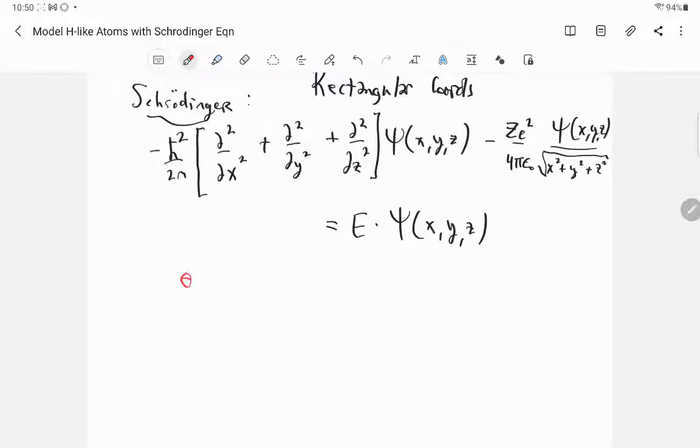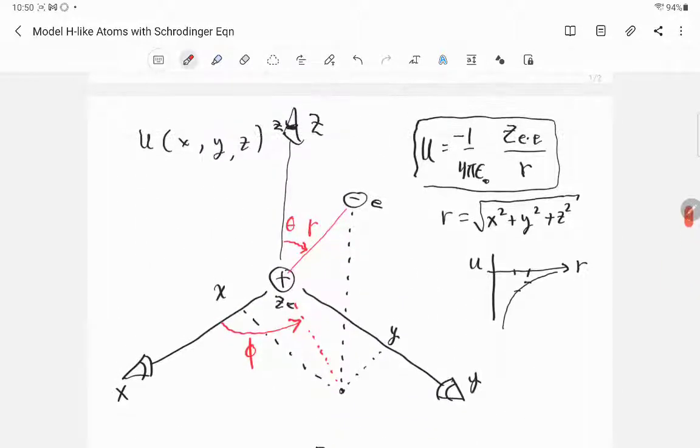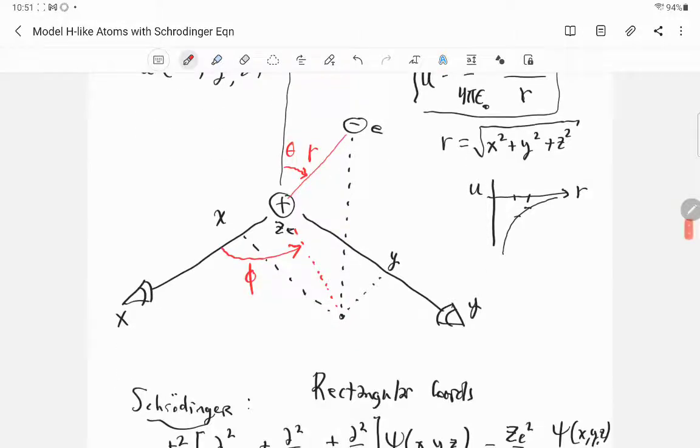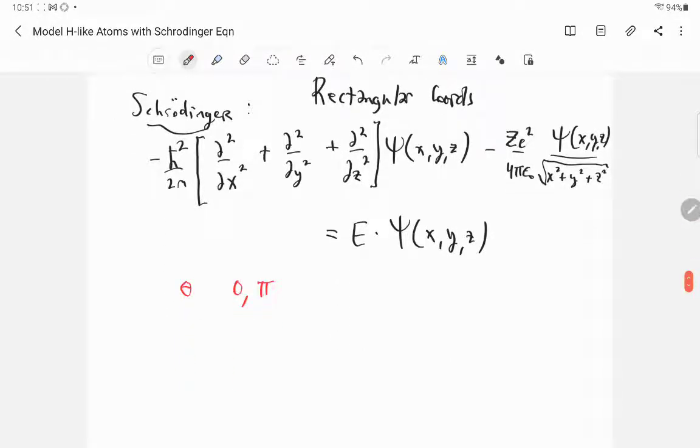So theta takes values from 0 to pi. Theta is the polar angle. You can only go from along the z-axis over to 90 degrees from the z-axis to 180 degrees from the z-axis. If you go beyond 180 degrees, that's the same as just going from the z-axis in the other direction. So theta is only meaningful from 0 to pi. Phi is meaningful from 0 up to 2 pi.